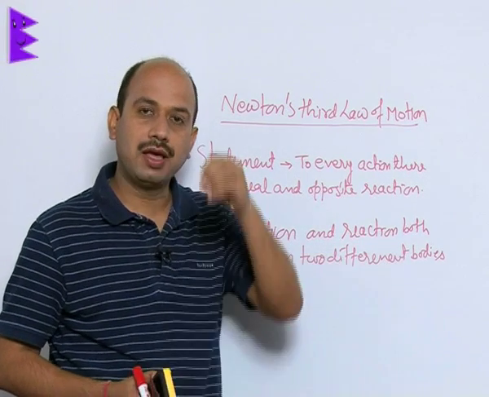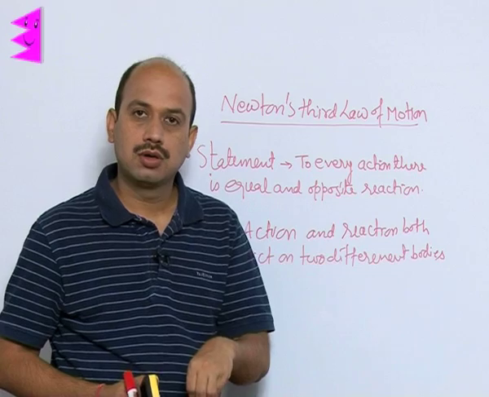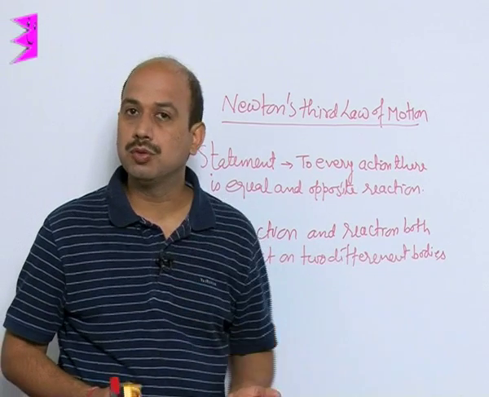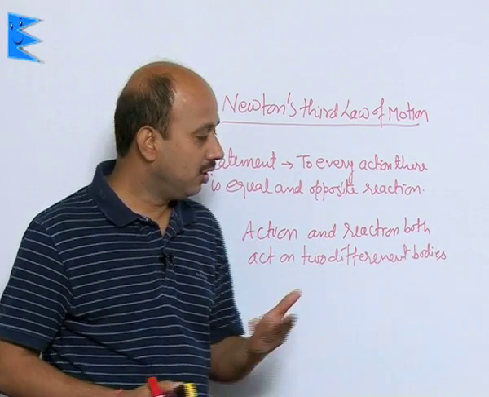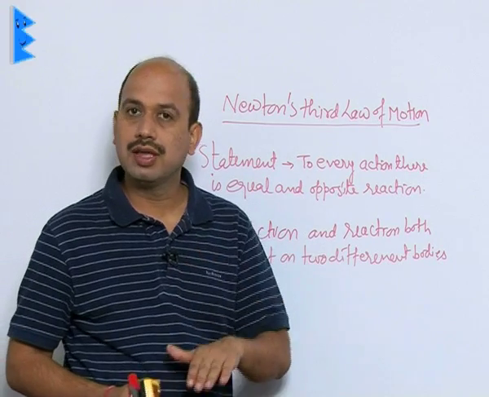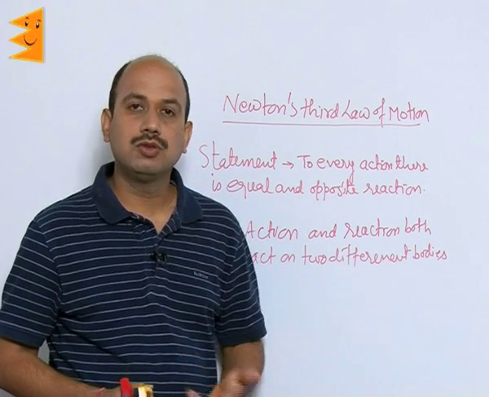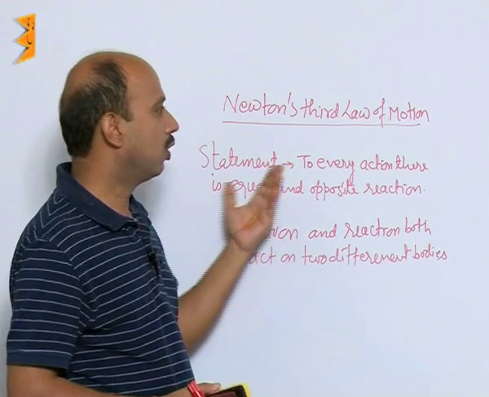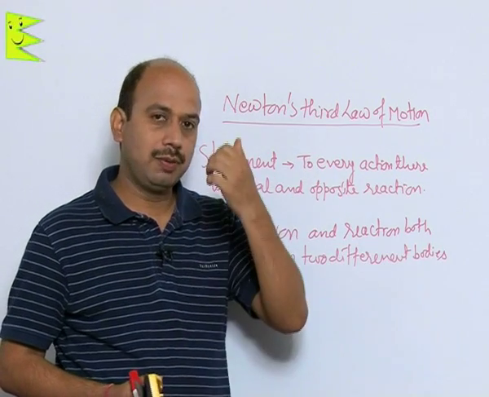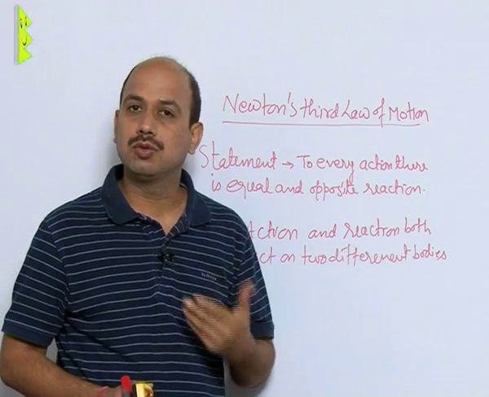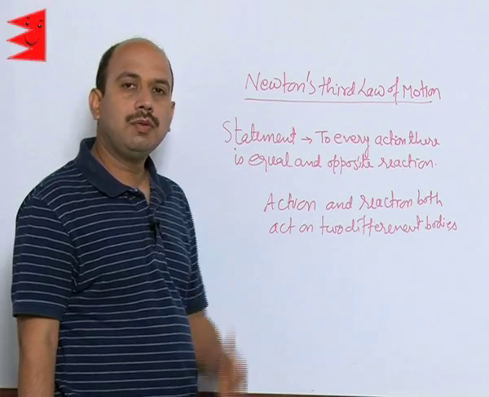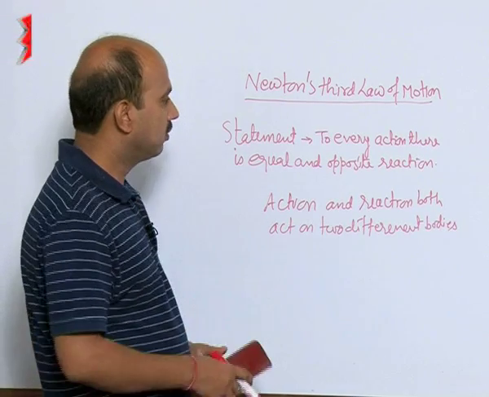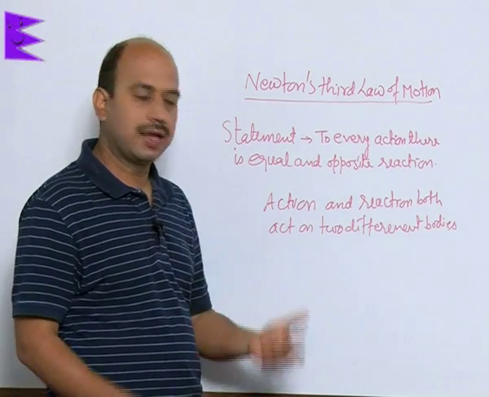So it means you are applying force on the ground and the ground is applying force on you, that is known as reaction. So see, action is acting on the ground, reaction is acting on you. So this is an example of Newton's third law of motion, and we can explain walking only using Newton's third law of motion. Now we will take another example where we can explain action and reaction.